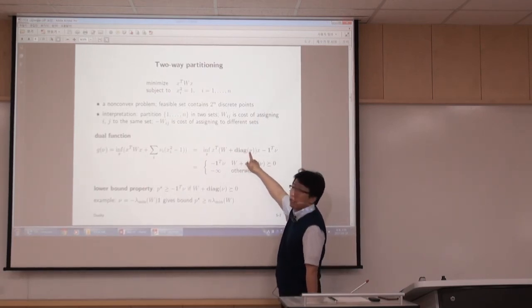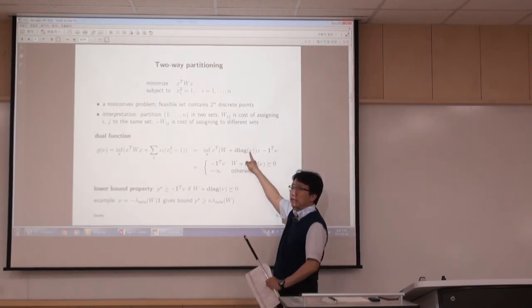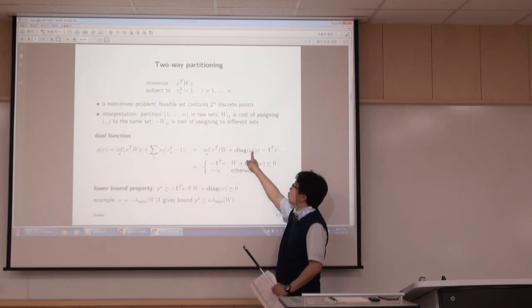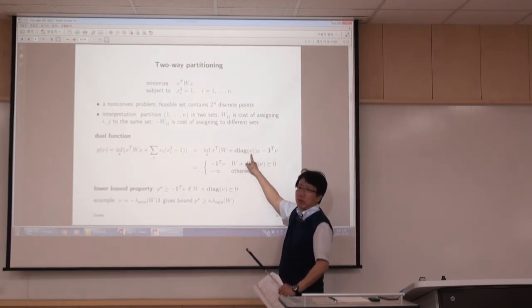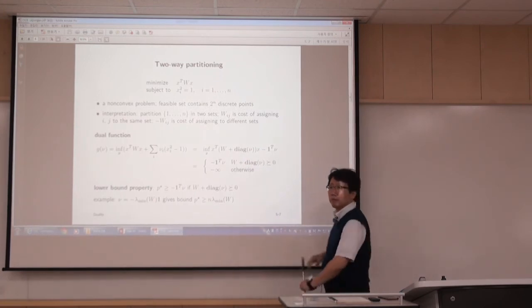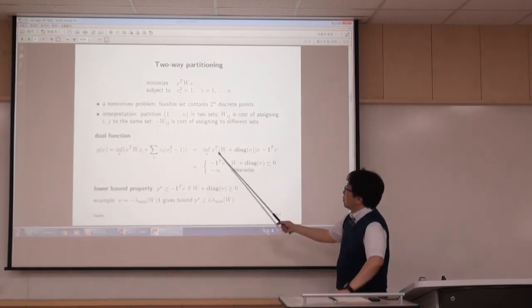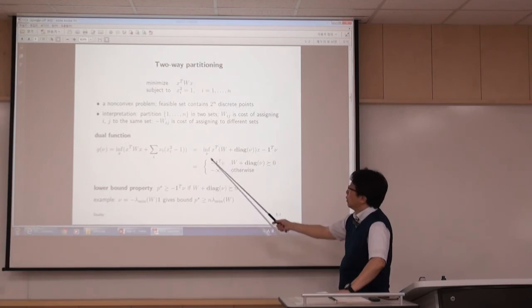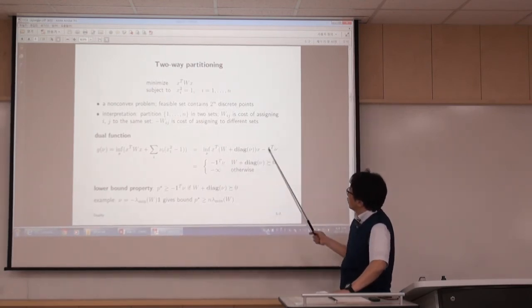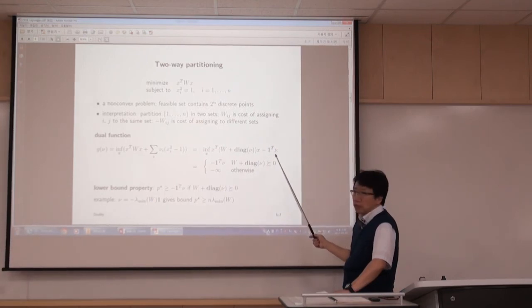By the way, this nu is a vector. So what does diag nu do? It transforms this vector to a square matrix whose diagonal entries correspond to the components of nu. That is standard notation as you use in MATLAB. Now, this is the matrix for the quadratic problem. As you see, there is no x here.